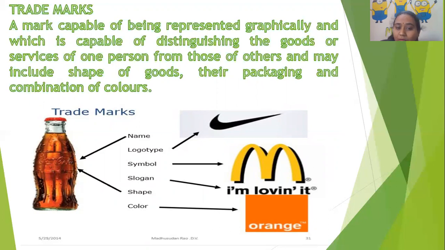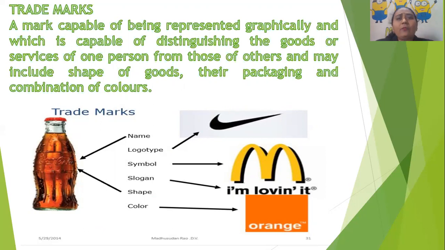The name and the pattern, that is a logo type, is registered for that company. Here you can see that McDonald's have written a simple M, but though it is an alphabet, it is written in an artistic way. A sentence is given below that: I am loving it.